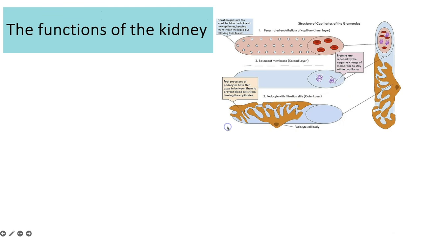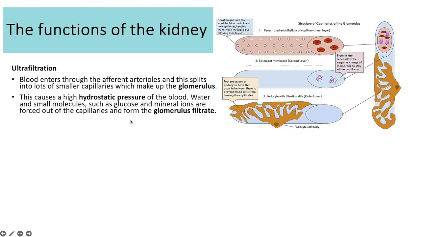But if we go through each of those steps in more detail. The ultrafiltration, and this is what we said happens at the renal capsule or the Bowman's capsule. Blood enters the glomerulus, the network of capillaries within the Bowman's capsule. And because the blood enters through a blood vessel known as the afferent arteriole, which then splits into lots of smaller capillaries, which therefore have a narrower lumen, it results in this high hydrostatic pressure.